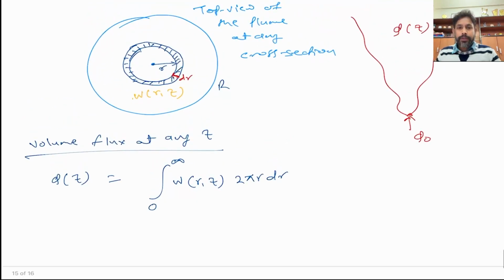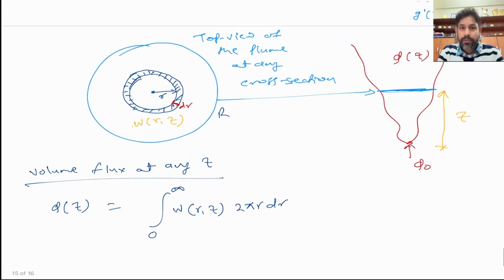Okay, so what we are doing here, we are defining one very small element of thickness dr, in the cross section of a plume at any particular elevation. So let's assume that this cross section belongs to a particular height, let's say z here.